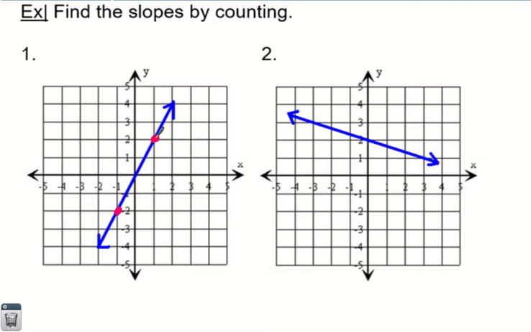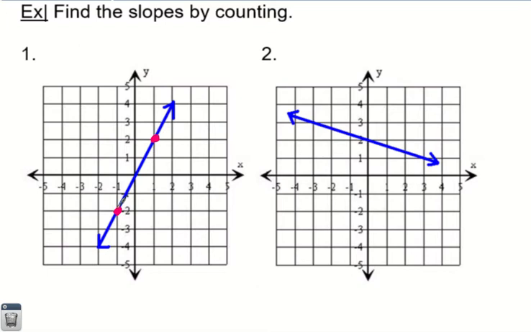To count, it's best to find nice points of intersection. So right here and right here. And so starting from this dot, I'm going to count how much it rises and then how much it runs to get from here to here.